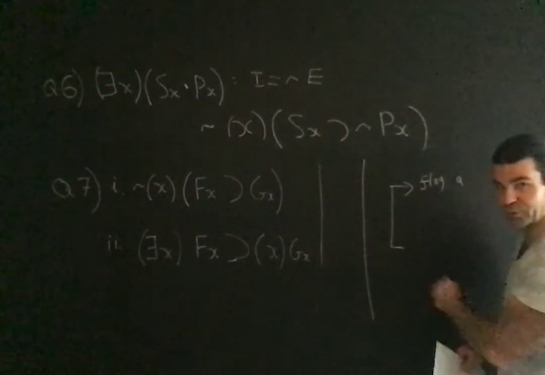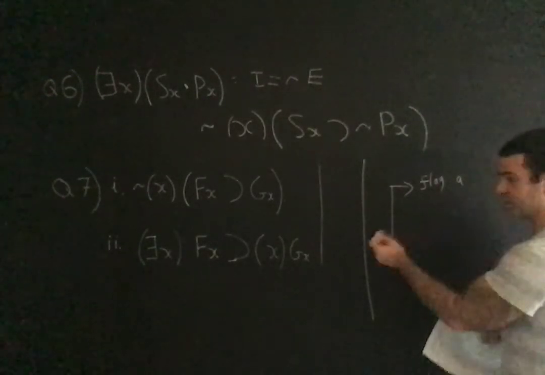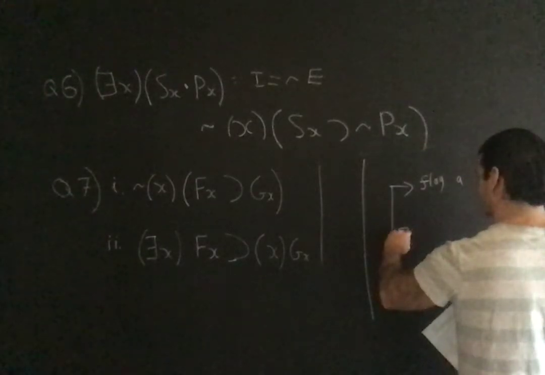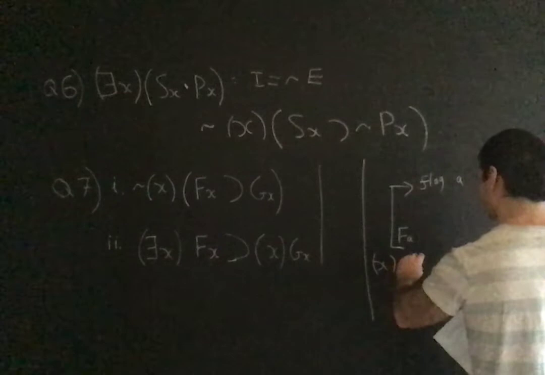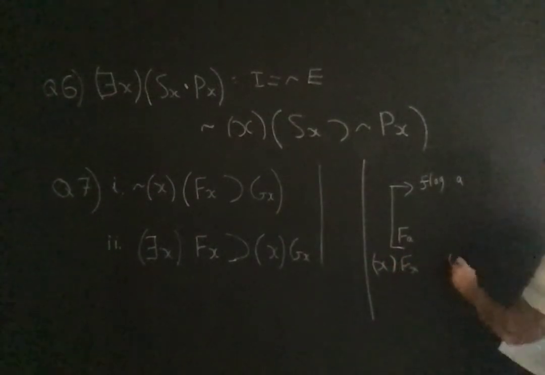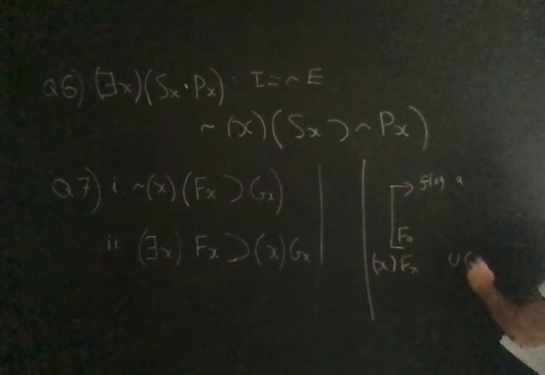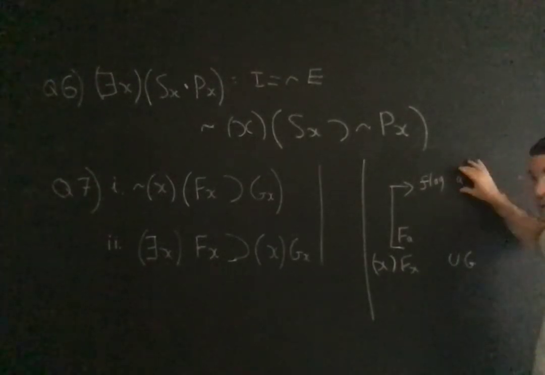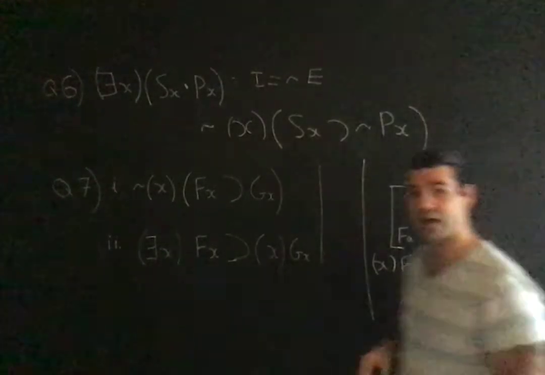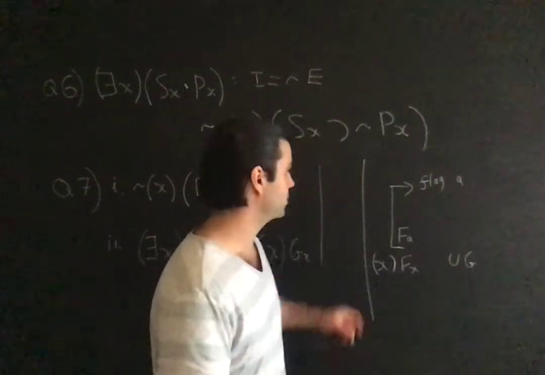If you learn it as per the book, you can put phi A here, but I will accept just FA, for all x, Fx, UG, right? You have to include the flagging step, setting up the flagging subproof, as part of the symbolic expression of the rule, right?